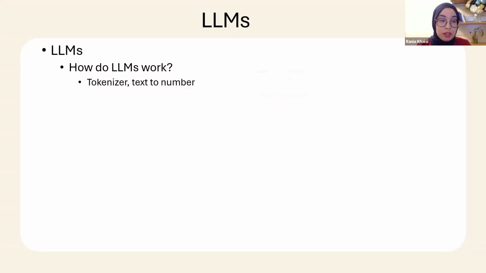So this is just a simple example of a tokenizer. What we have here is our prompt. The question is written in natural language: what is a tokenizer? And now the idea is that the tokenizer is going to convert this sentence into a sequence of tokens.